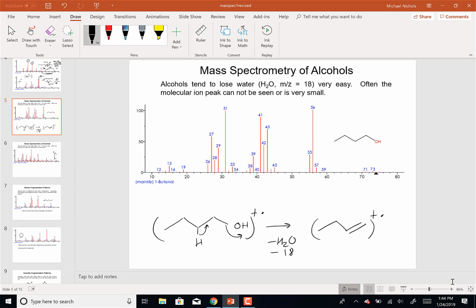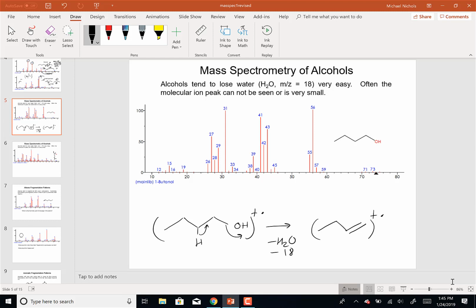And I'm left with 56. The most difficult part of the mass spectrometry, honestly, is you have to remember that there's always either a plus or a plus dot in the molecule. So I literally am losing a neutral water molecule and going from plus dot to plus dot.